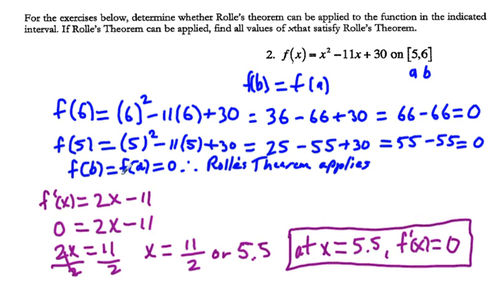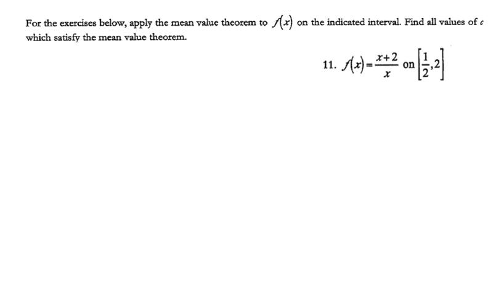Okay, next we're going to go to a mean value theorem problem. For the exercise below, apply the mean value theorem to f of x on the indicated interval, and find all values of c which satisfy the mean value theorem. For that, we're going to find f of b and f of a. Again, we have a is 1/2 and b is 2.